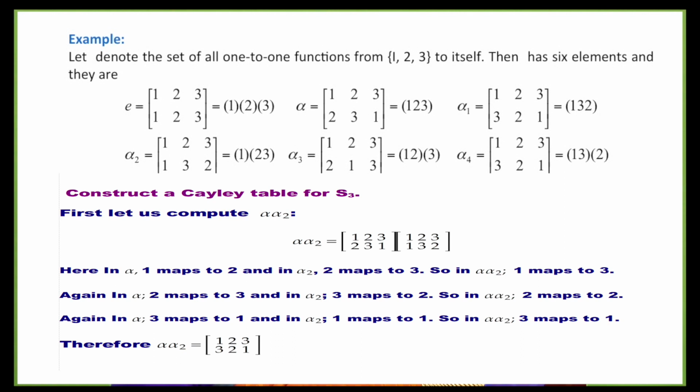Then S of 3 has 6 elements and they are: e, the matrix 1, 2, 3 over 1, 2, 3, which is the cycle (1)(2)(3); alpha, the matrix 1, 2, 3 over 2, 3, 1, which is the cycle (1 2 3); alpha 1, the matrix 1, 2, 3 over 3, 1, 2, which is (1 3 2); alpha 2, the matrix 1, 2, 3 over 1, 3, 2, which is (1)(2 3); alpha 3, the matrix 1, 2, 3 over 2, 1, 3, which is (1 2)(3); alpha 4, the matrix 1, 2, 3 over 3, 2, 1, which is (1 3)(2).